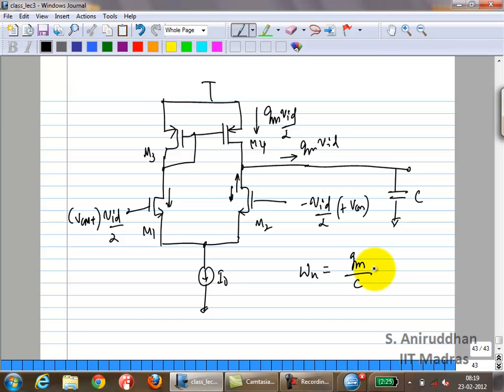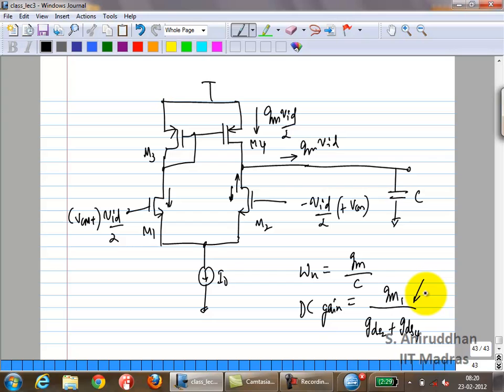Omega U is just GM by C, because the overall transconductance is GM and the capacitance is C. What is the DC gain of this? GM by GDS2 plus GDS4. Is that clear?